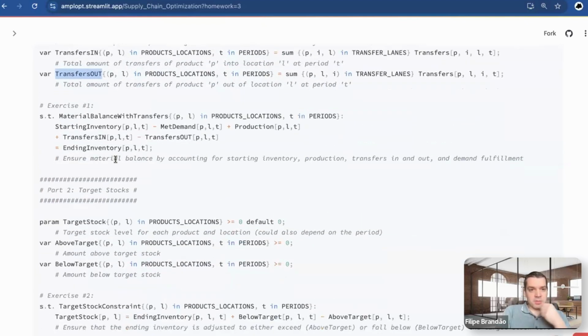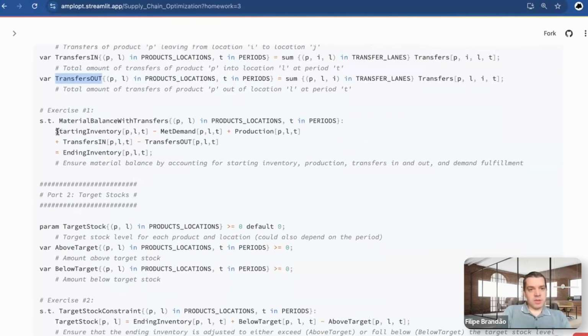So in the material balance, before we already had starting inventory minus met demand plus production. Now, other than production, you can also have transfers in, and you can also have some products leaving, some transfers out. And that is equal to ending inventory.